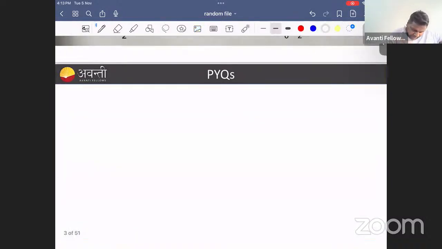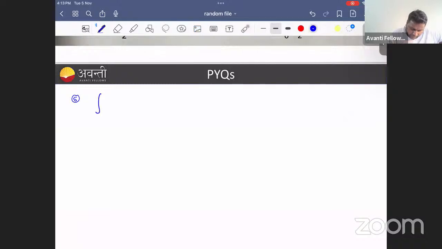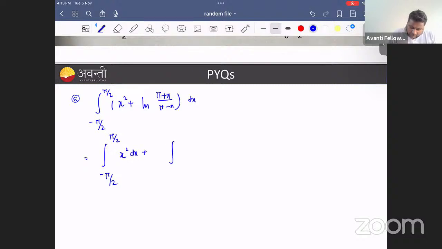See, question number 5 is integration minus pi by 2 to pi by 2 x square plus ln of pi plus x upon pi minus x dx. Now, if you split it into two integrations, one comes minus pi by 2 to pi by 2 x square dx, and one comes up minus pi by 2 to pi by 2 ln of pi plus x upon pi minus x dx.